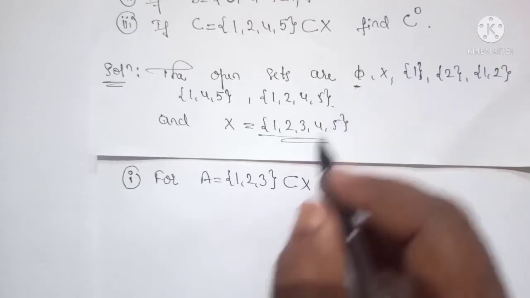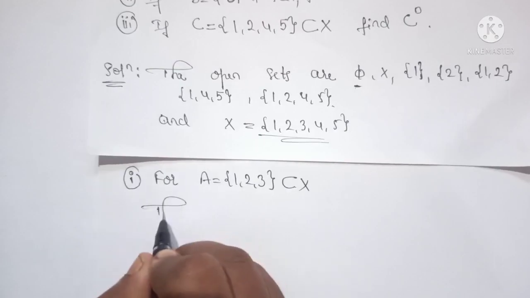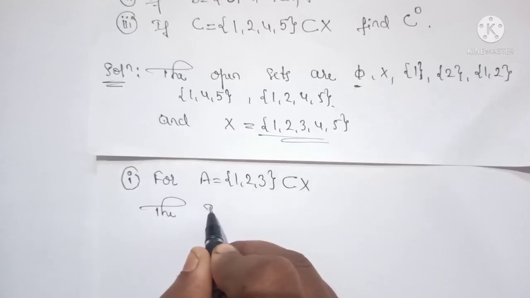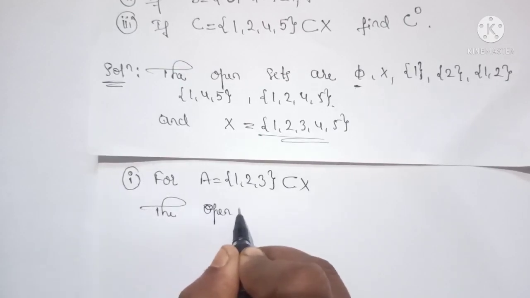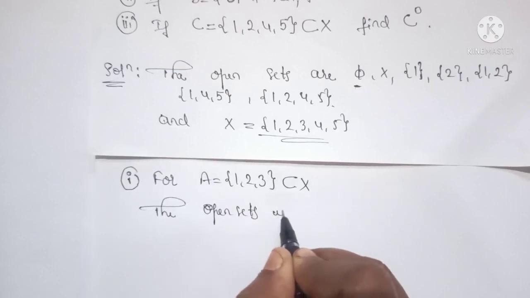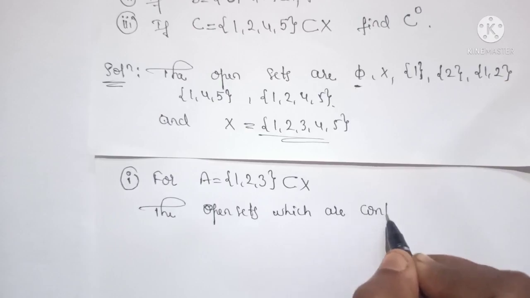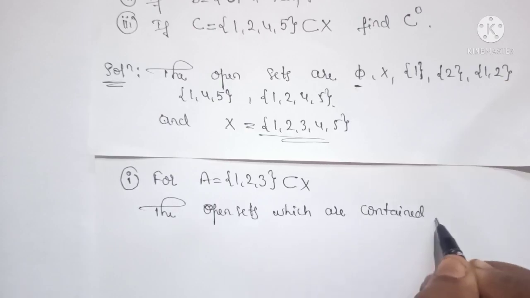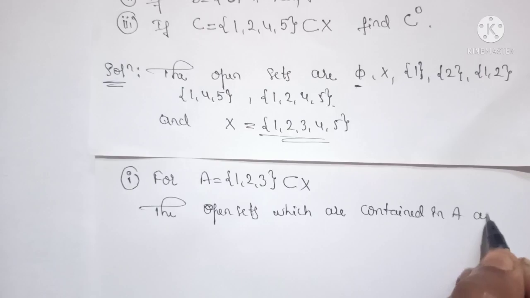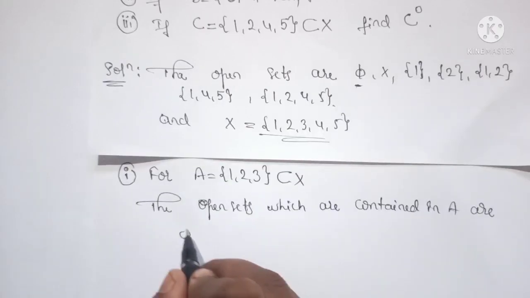First we write the open sets which are contained in A. The first one is the null set.